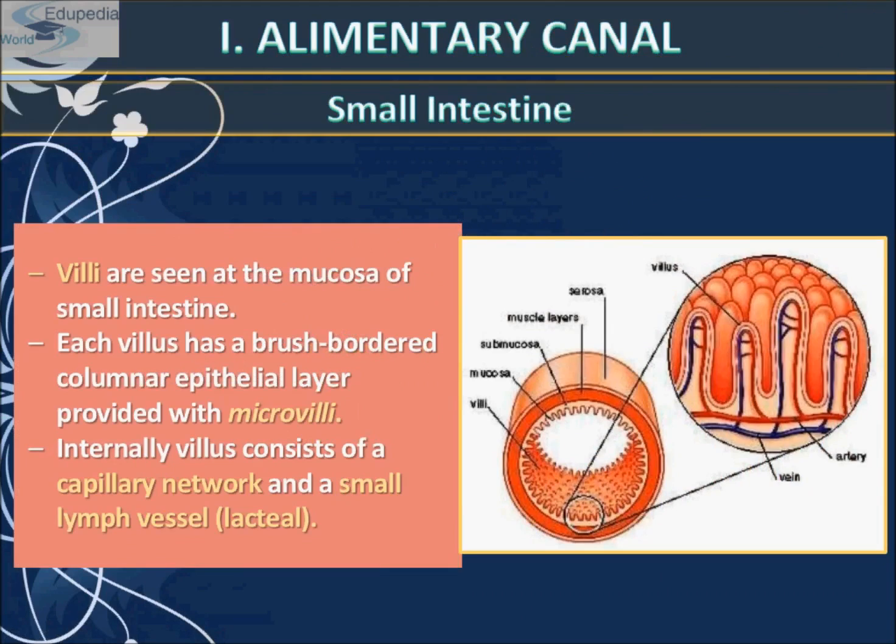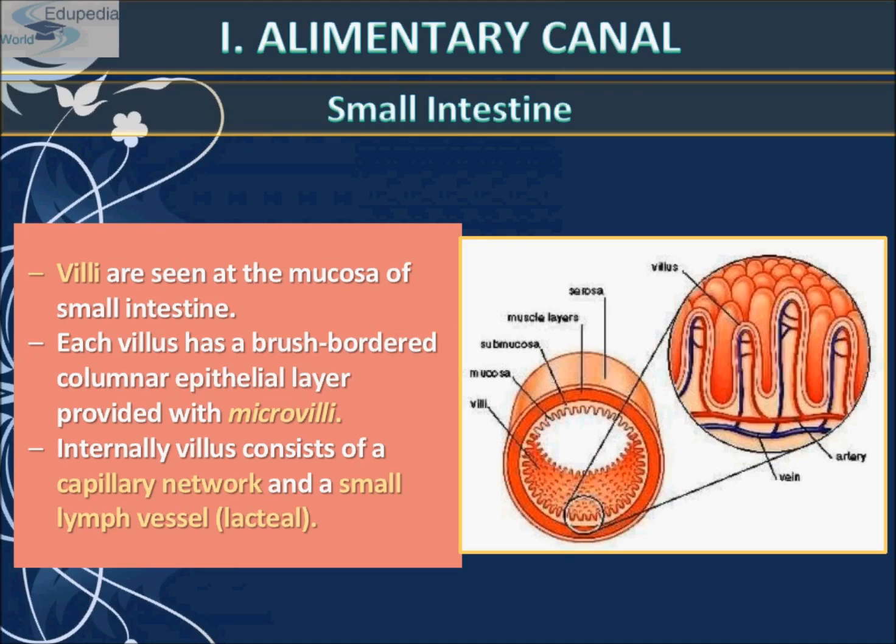Now, villi. Villi are seen at the mucosa of the small intestine, and each villus has a brush border columnar epithelial cell which is provided with microvilli. Internal villus consists of a capillary network and a small lymph vessel, that is the lacteal.